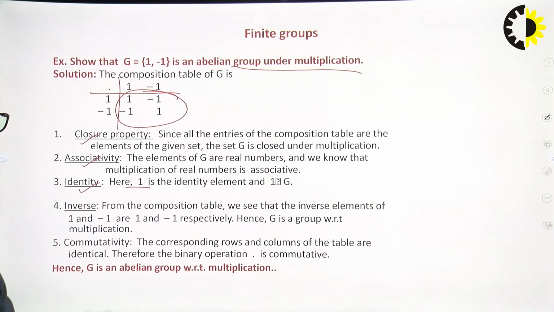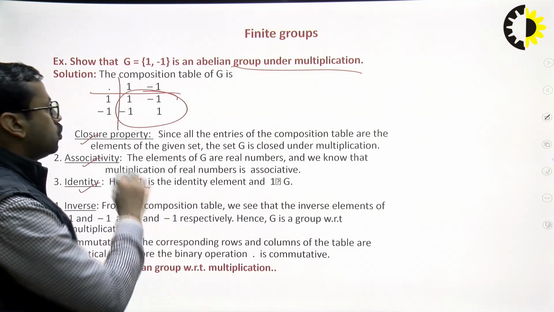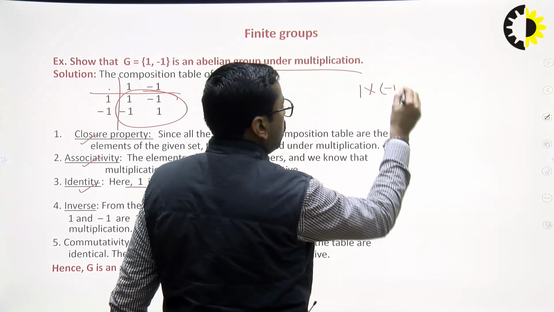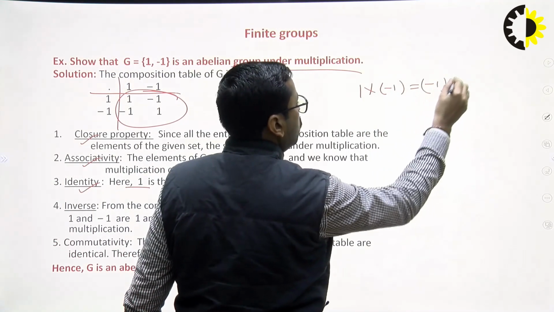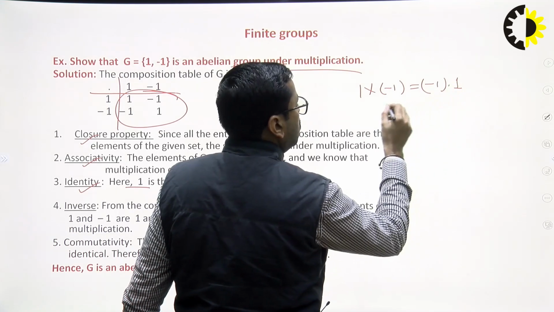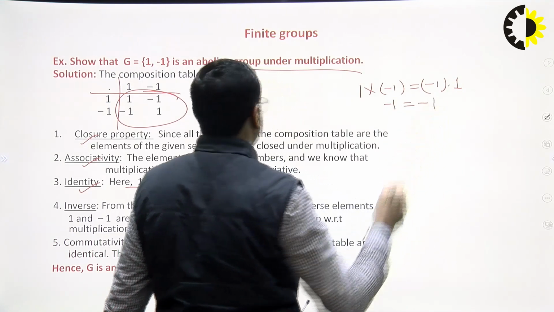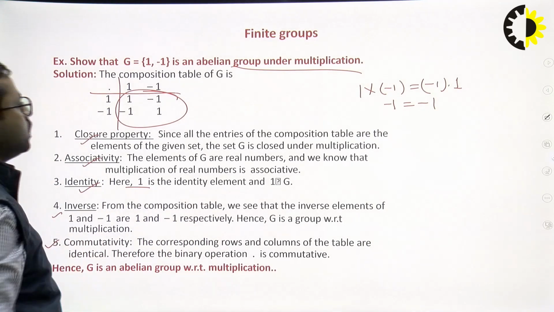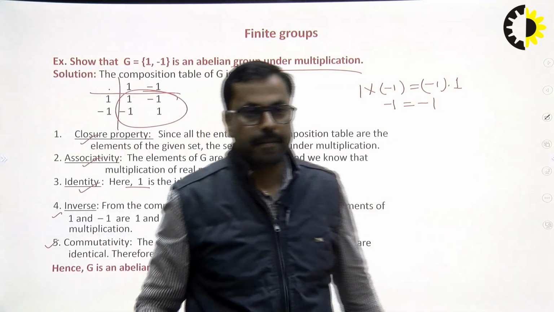The commutative property is also satisfied, because nothing will change. 1 into minus 1 equal to minus 1 into 1, that is minus 1 equal to minus 1. So all these 5 properties are satisfied. So we can say it is an abelian group. Thank you, class.